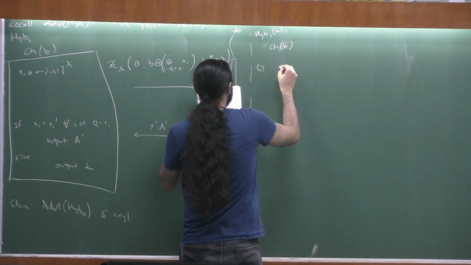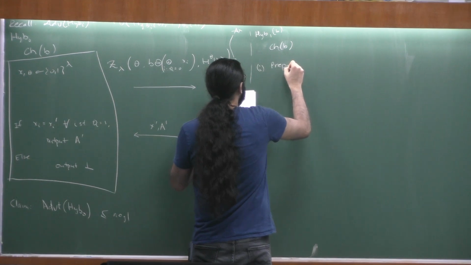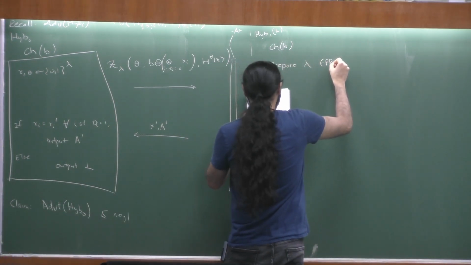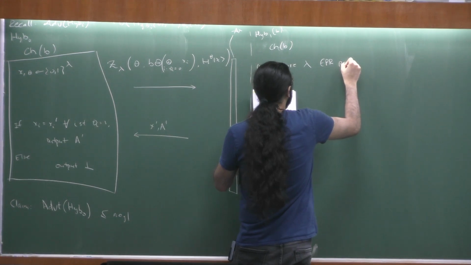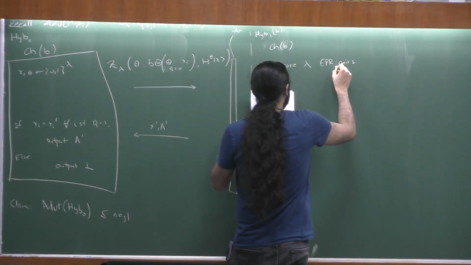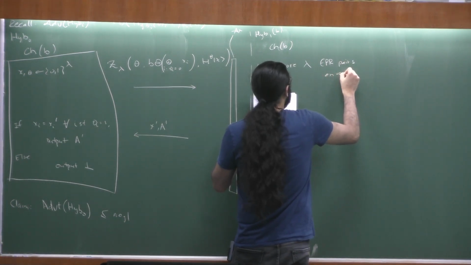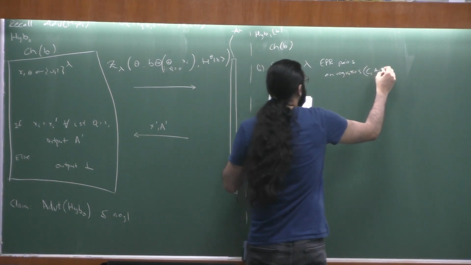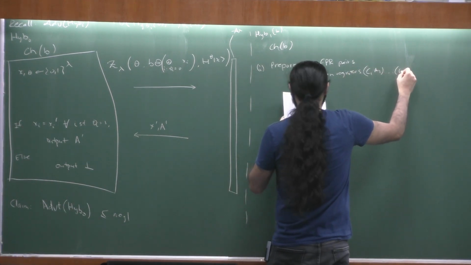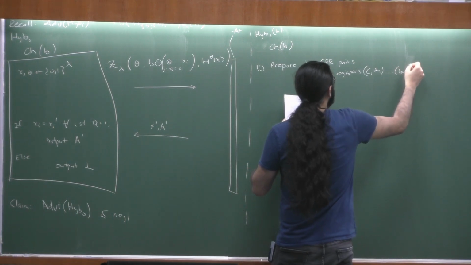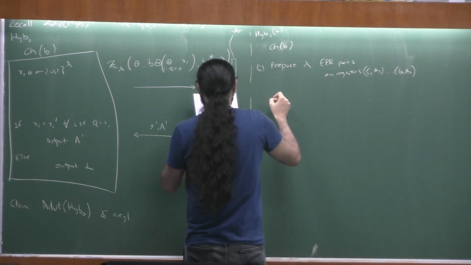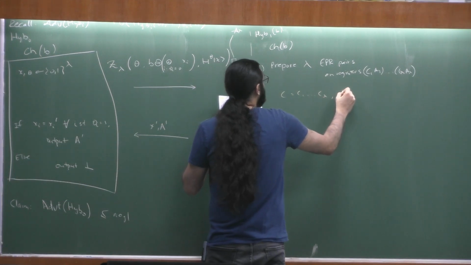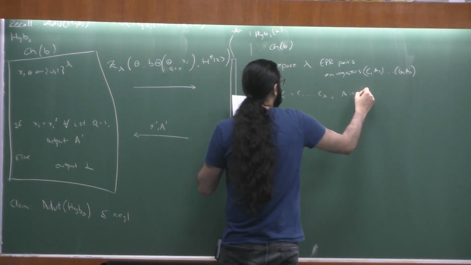The first thing in hybrid 1 was, I mean, you have it written, but I'm writing it again so we can discuss. You have EPR pairs on registers C1, A1, all the way to C lambda, A lambda. C was defined to be C1 to C lambda, A was defined to be A1 to A lambda.